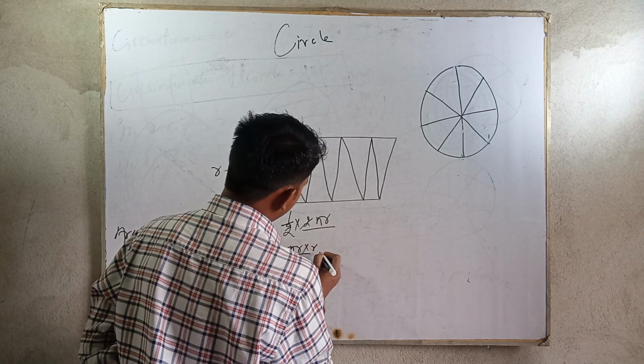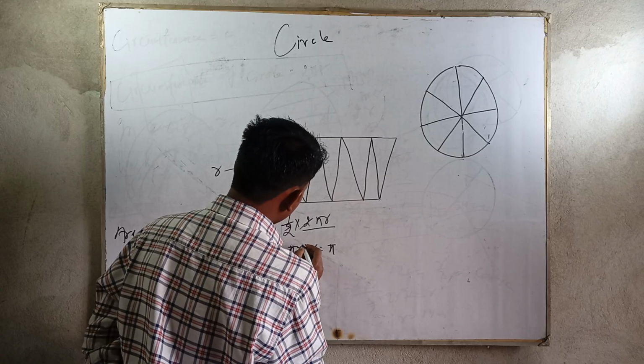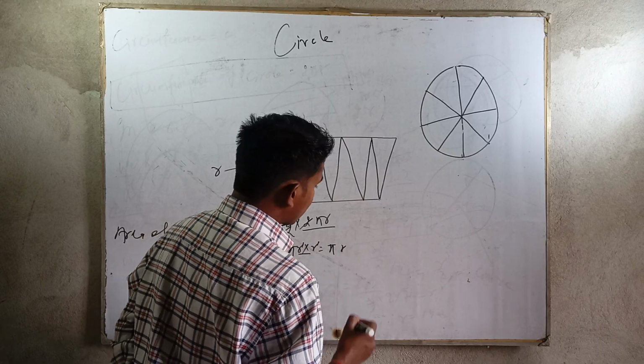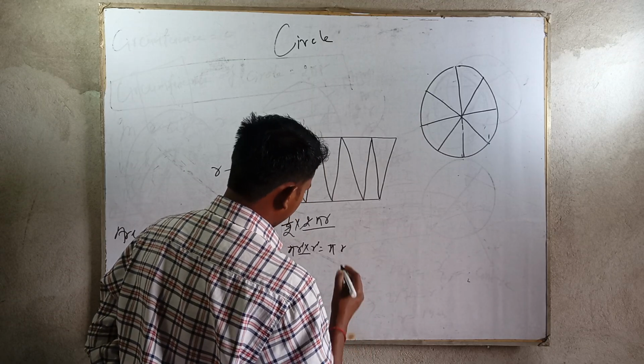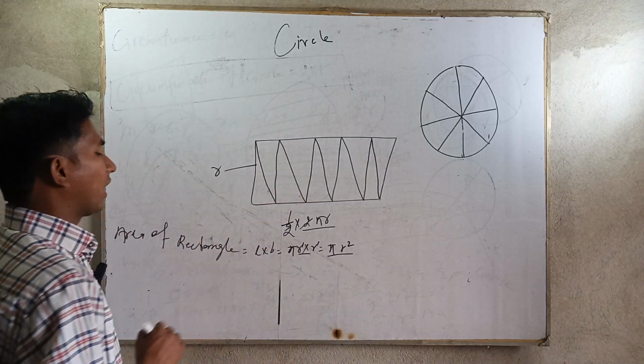Then r and r, pi is constant, and r is the same, so its powers are added. We have studied in exponents about this, so it will be 5 r square.